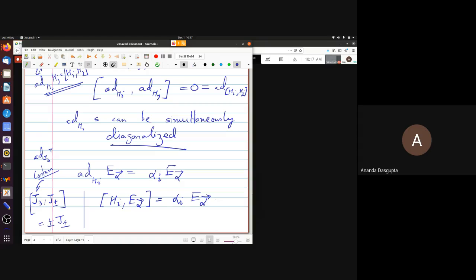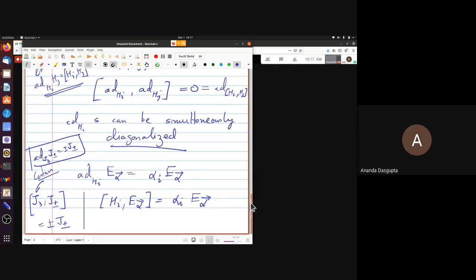This is ad J3 acting on J plus minus is plus minus J plus minus. We say eigenvalues of J3, but they're really eigenvalues of ad J3, or the representative for J3 in the adjoint representation, which gives you plus minus J plus minus. Plus minus 1 are the eigenvalues there.